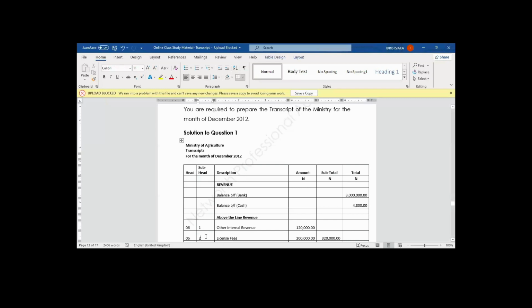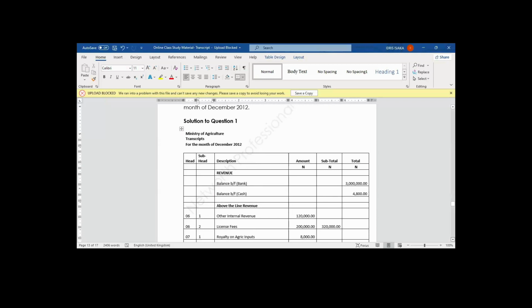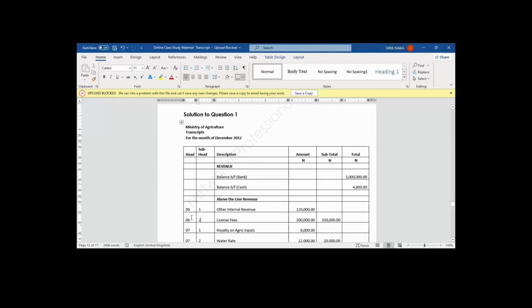License fee has the same head as other internal revenue. You write head 06, subhead 2, license fee. You put it under amount, 200,000. Now, since license fee and other internal revenue are the same head, you total the amounts together to get the subtotal.